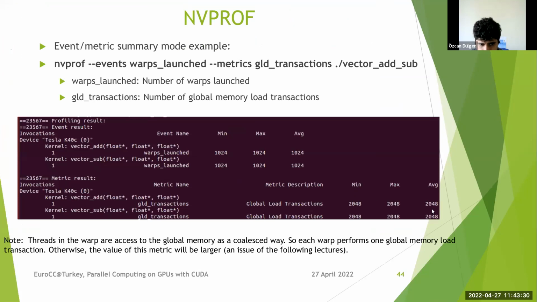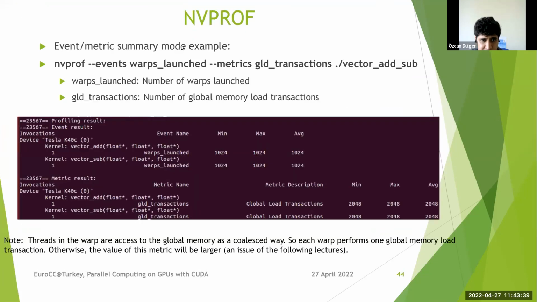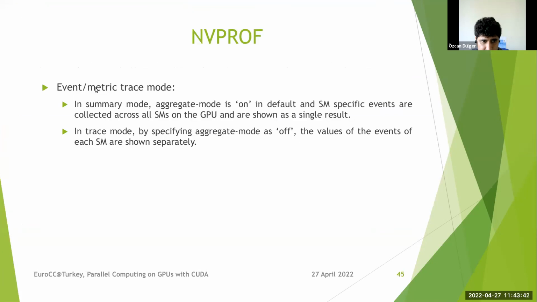Here, as you see, this is for both kernels, vector add and vector stack. This is event metric summary mode. Now the third mode is event metric trace mode. In summary mode, aggregate mode is on by default, and streaming multiprocessor specific events are collected across all streaming multiprocessors on the GPU and are shown as a single result.